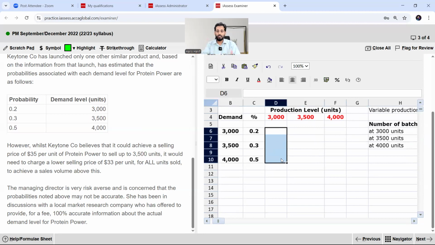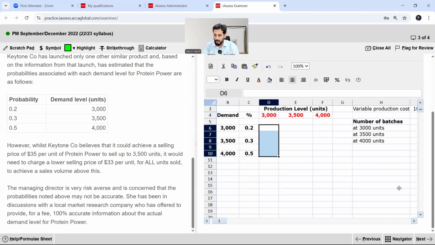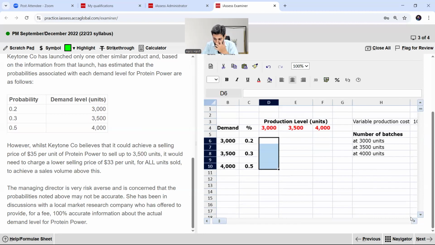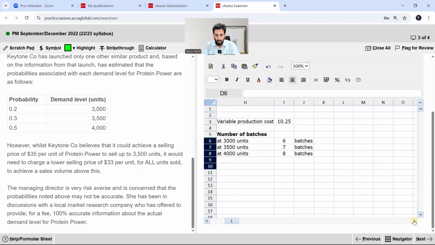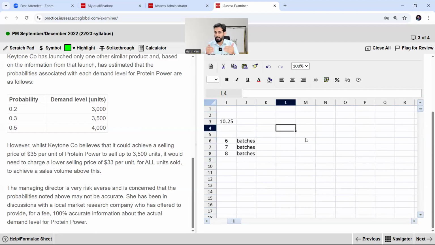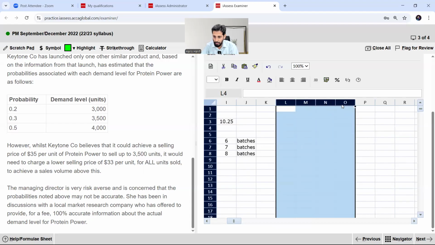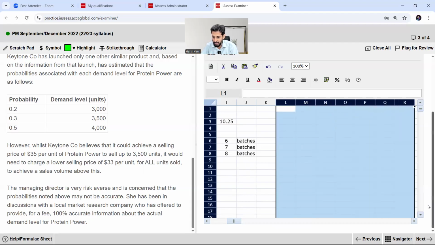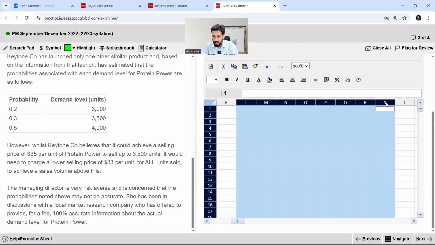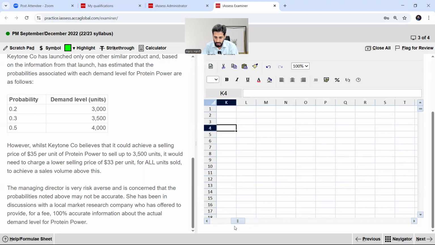So see how gently we have calculated the number of batches, the production cost, and so on. So here I am writing some income statement workings. I've been centering it.